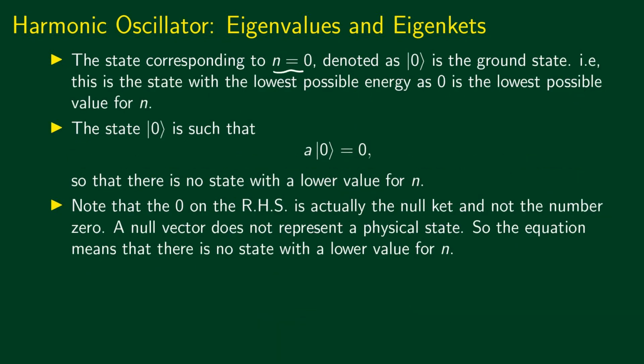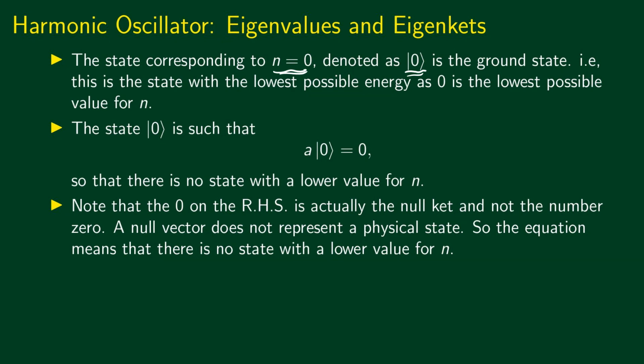The state corresponding to n equal to 0 is denoted as ket 0. This is actually the ground state because this is the state corresponding to the lowest value for n, which means that this is also the state corresponding to the lowest possible energy.